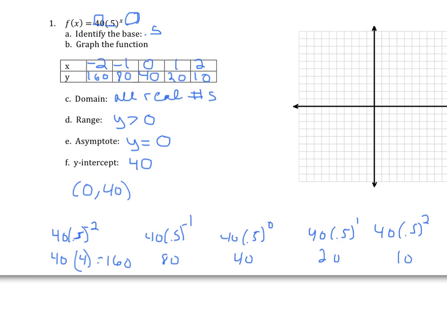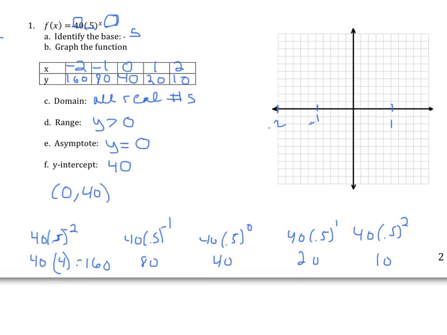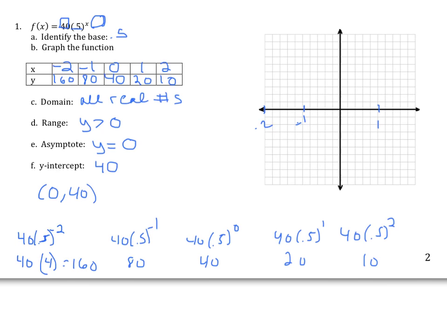Okay, so let's go 1, 2, 3, 4, 5. Let's make this -1, this -2. This is +1. Over here is +2. And then we're going to go by 20, 40, 60, 80, 100, 120, 140, 160.